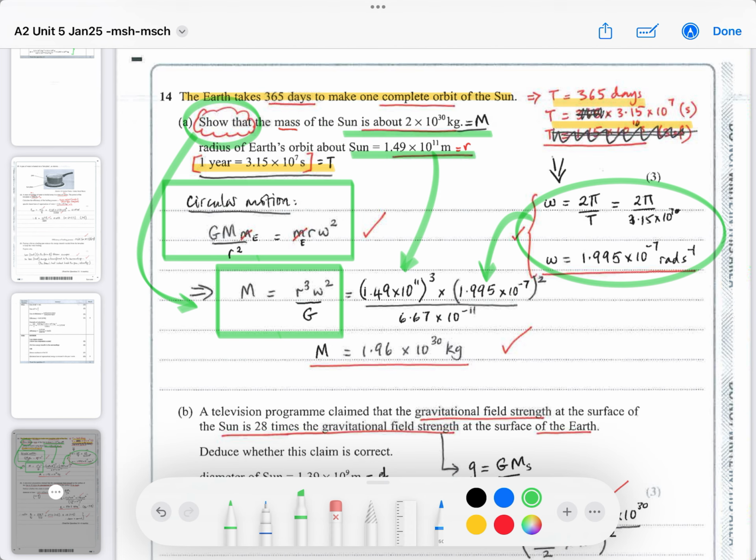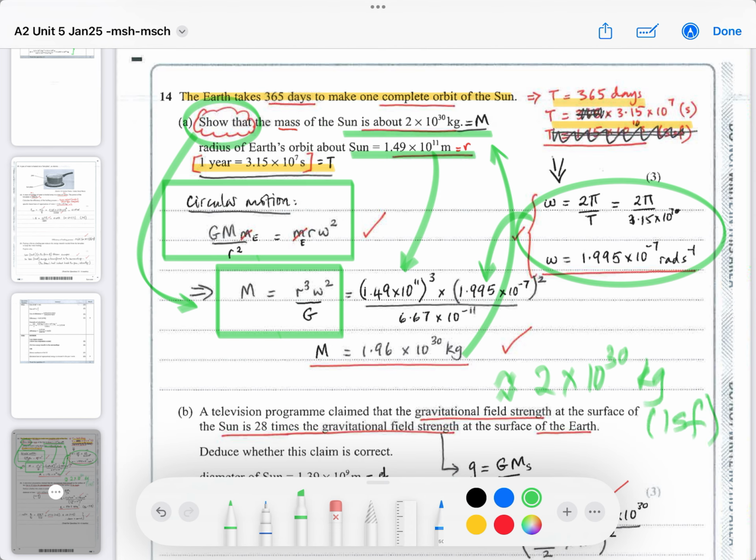Okay? You have then shown that the mass is about, to one significant figure, you need to put this is approximately equal to 2 times 10 to the 30 kilograms to one significant figure.